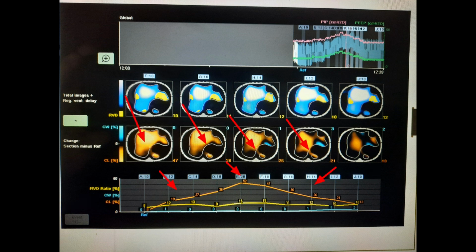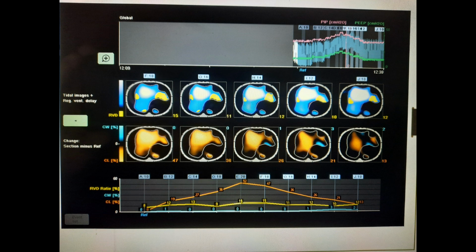And on the bottom, you'll see PEEP increments of 10, 12, 14, 18, right up to 20, and going from 20 back to 10. So we did an incremental trial as a way of, first of all, finding regional compliance and best PEEP, and also an attempt with the higher PEEPs to evaluate if there's any potential of opening up that left dorsal region.